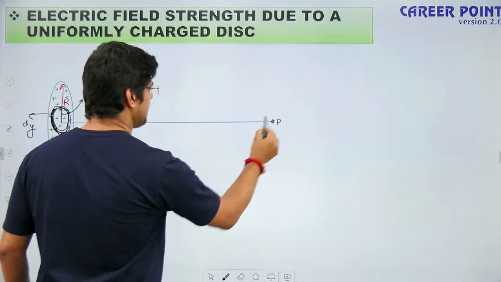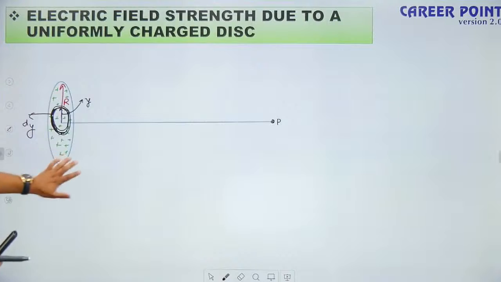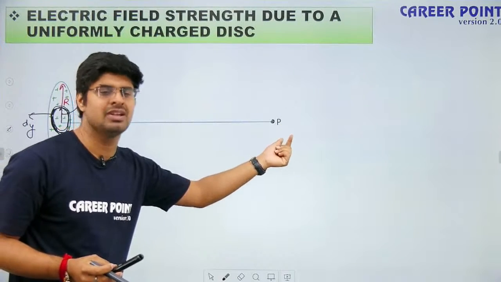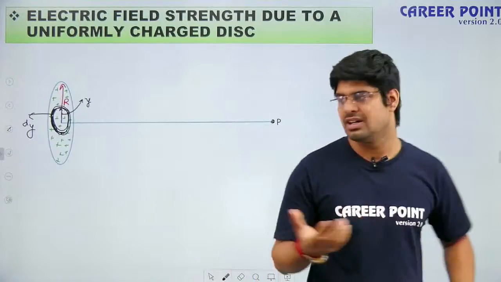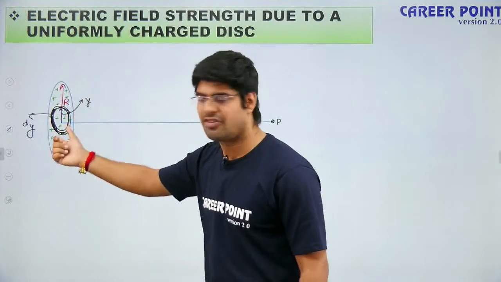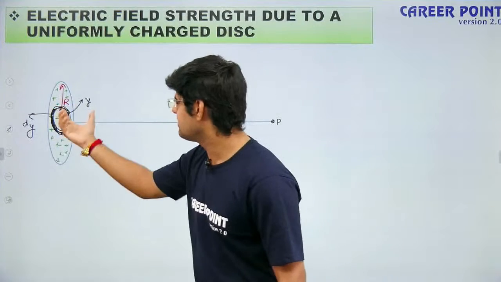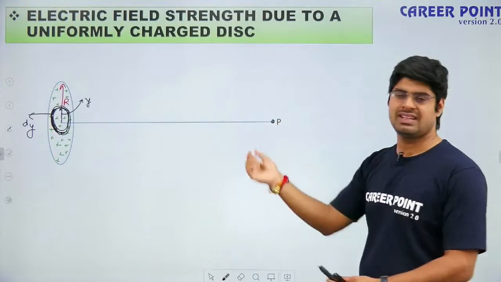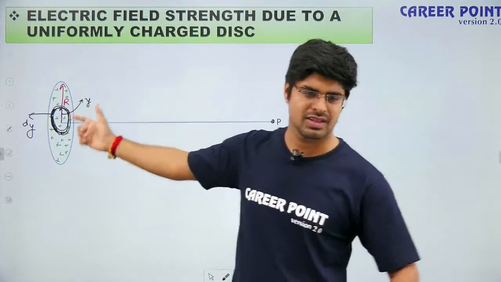I have to find electric field at point P due to the whole disk. So I have considered an elemental ring on the surface of the disk. First I will find the electric field due to this elemental ring at point P, and then I will integrate it for the whole disk.